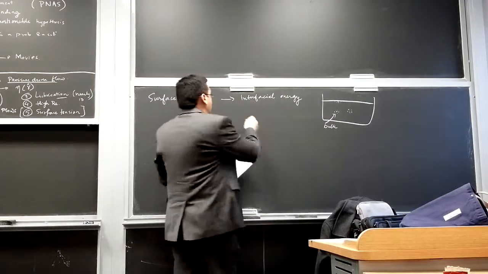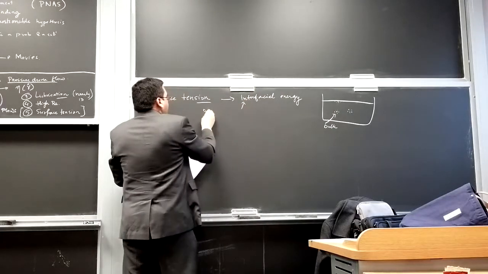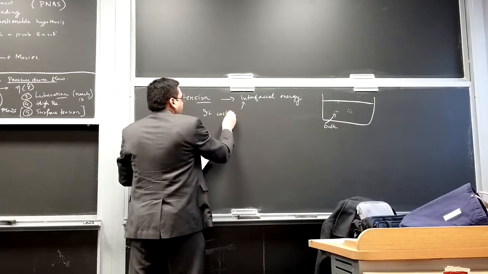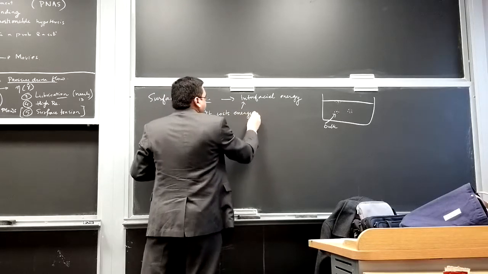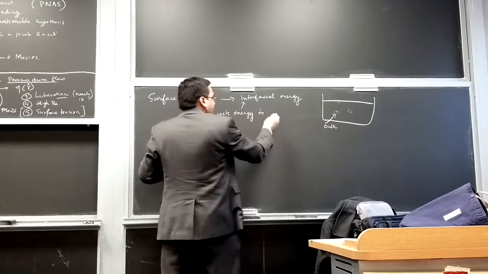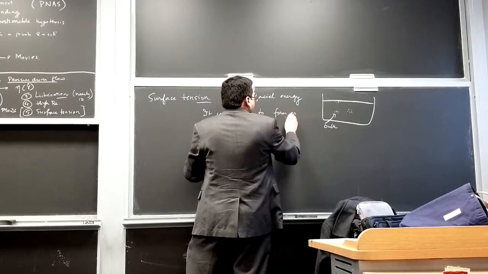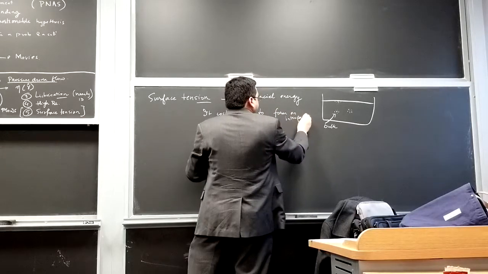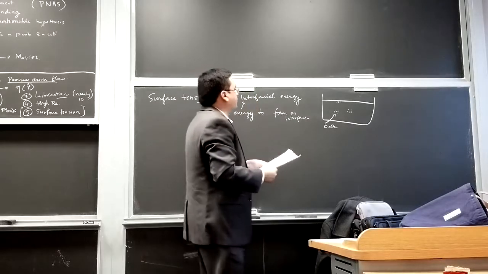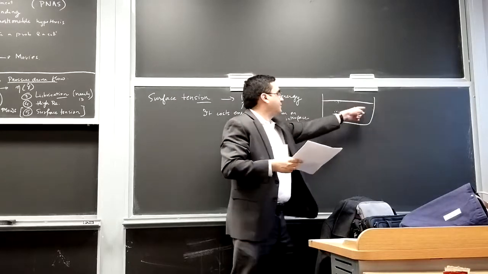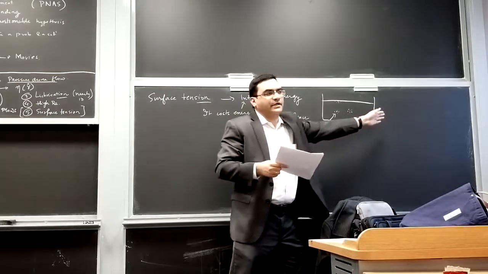So it costs energy to form an interface, and you can estimate that energy to be proportional to the total number of interactions you have to get rid of, right?